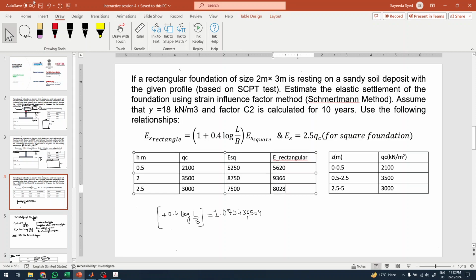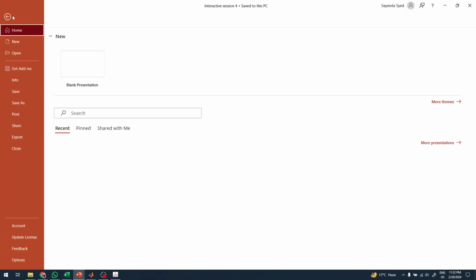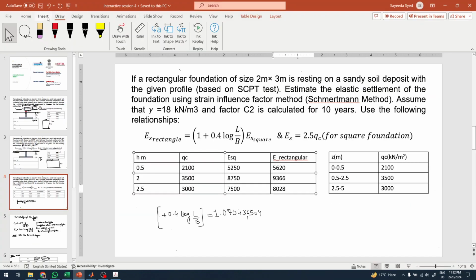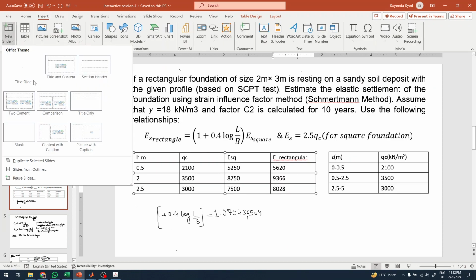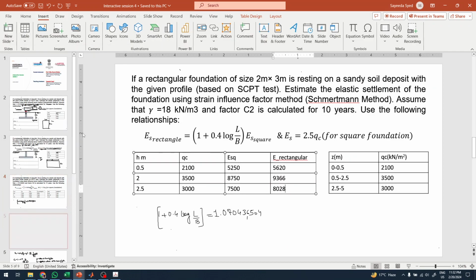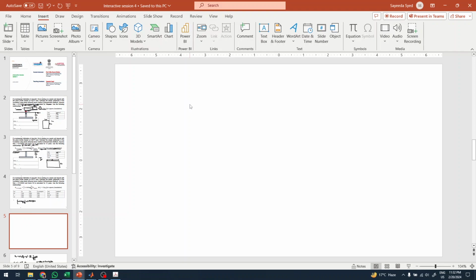So let us first discuss what it is that we are doing in the Schmertmann method.